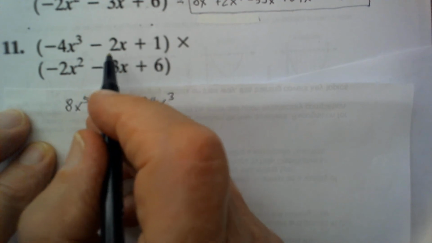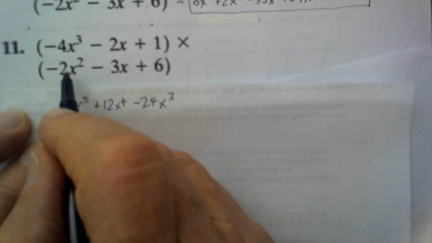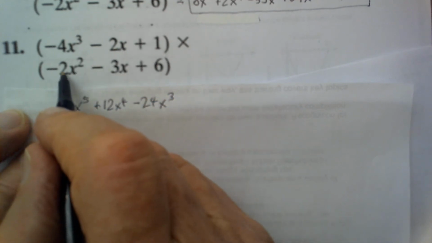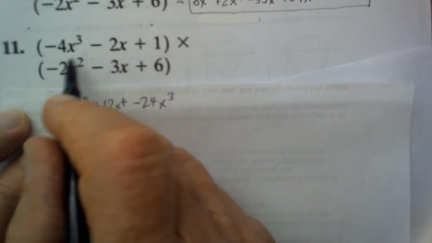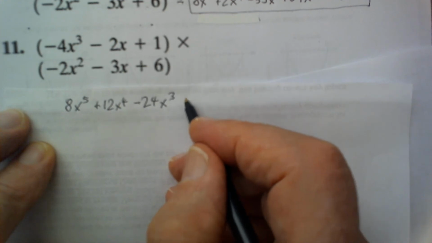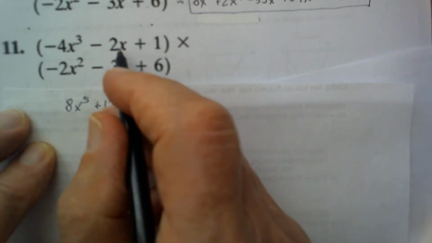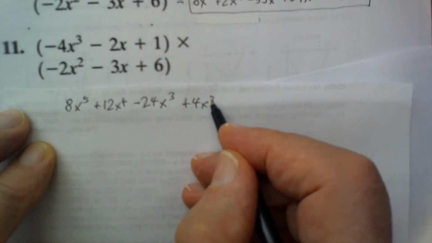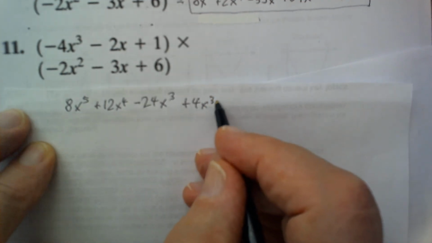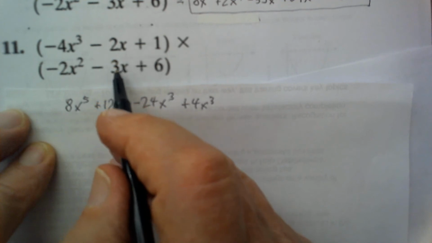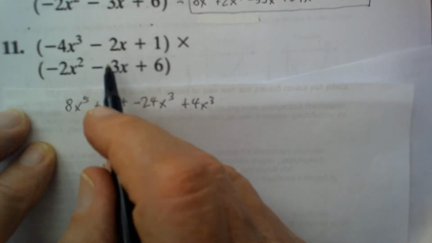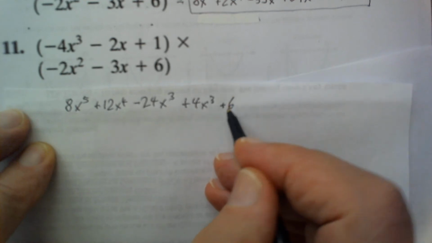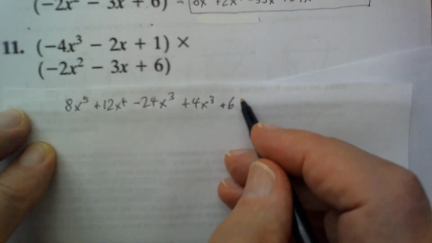Then we use this term minus 2x to multiply each term in the second polynomial. So minus 2x times minus 2x squared, minus 2 times minus 2 is positive 4, and x times x squared is x to the third. And minus 2x times minus 3x, minus 2 times minus 3 is positive 6, and x times x is x squared.